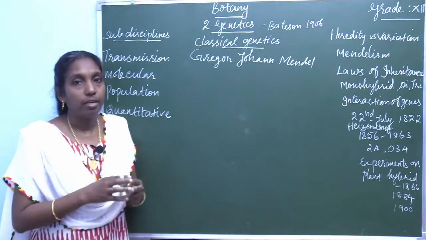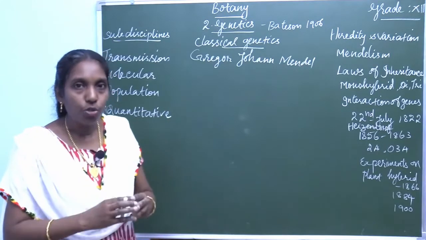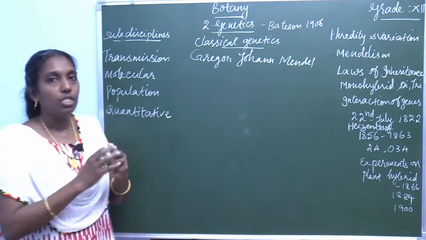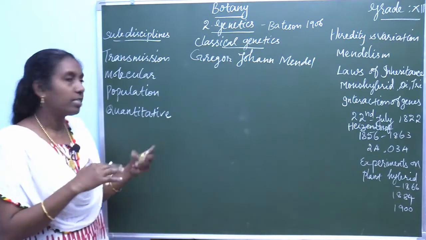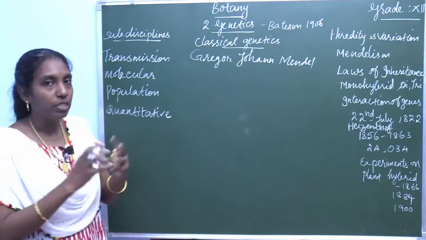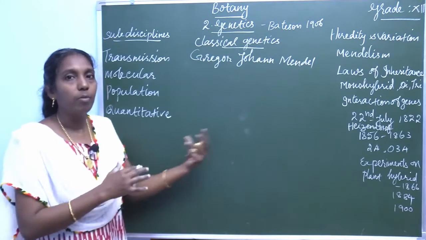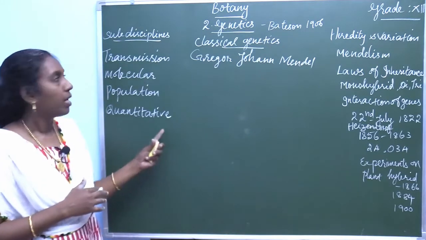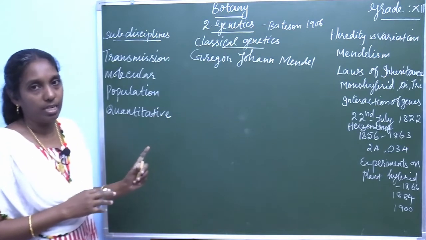And quantitative genetics: there are a number of genes which show similarities, so, a group of genes within a population. This genetics deals with a group of genes, a number of genes and their genetical interaction. To deal with this is called quantitative genetics. So, these are the four sub-disciplines under genetics.